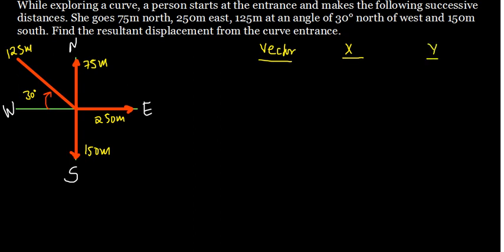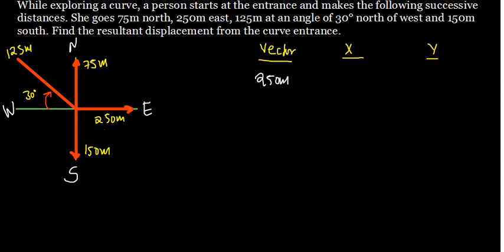Now the goodness with this question, even if it had a lot of marks, like 12 marks, is that most of these are given along the x and along the y, so it is very easy to find the components. Let's say for the 250 meters displacement, you can see it is along the east, meaning that it's along the x-axis.